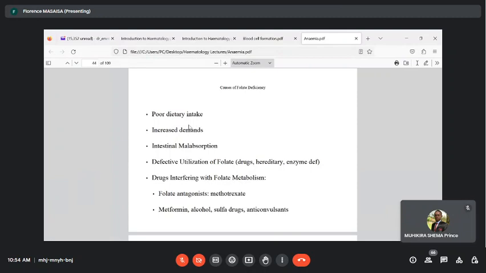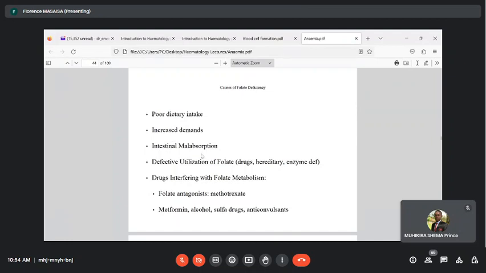We also have increased demand, for example in the case of hemolysis. If someone is hemolyzing, there is increased cell production from the bone marrow, with overuse of folic acid. So if you don't supplement the patient with folic acid, he may develop folic acid deficiency.